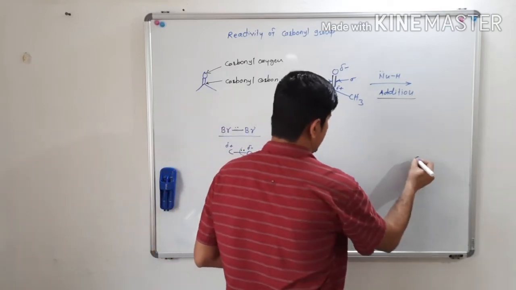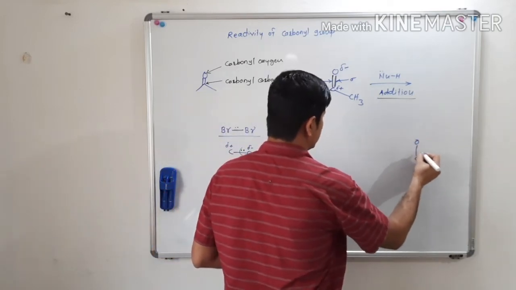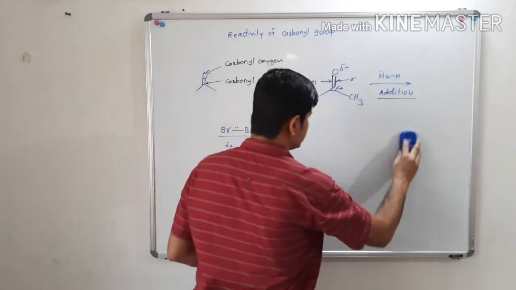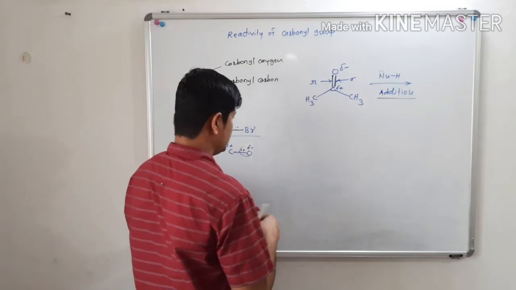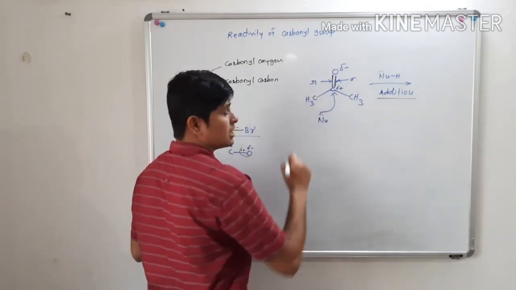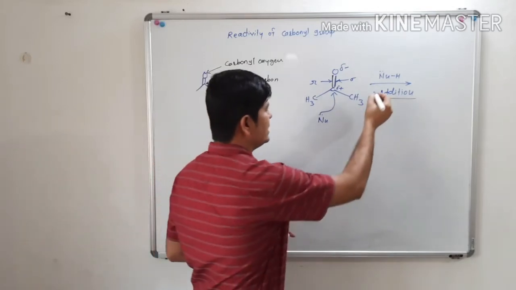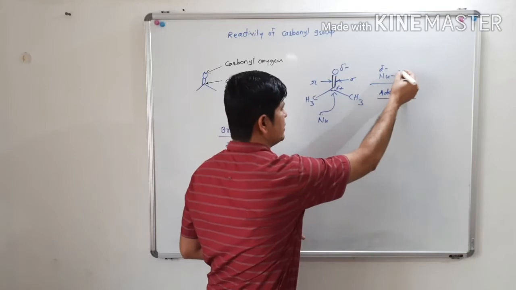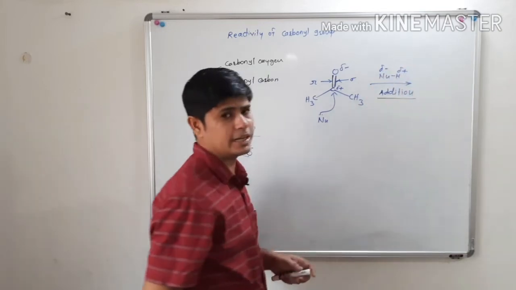See, I will write here. So this nucleophile will approach this carbonyl carbon, because nucleophile is electron rich, it is having delta negative charge, while this hydrogen or proton is having delta positive charge.